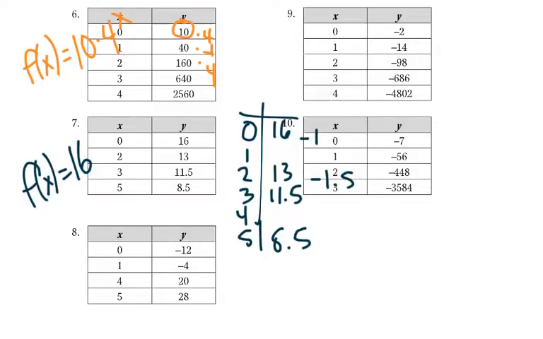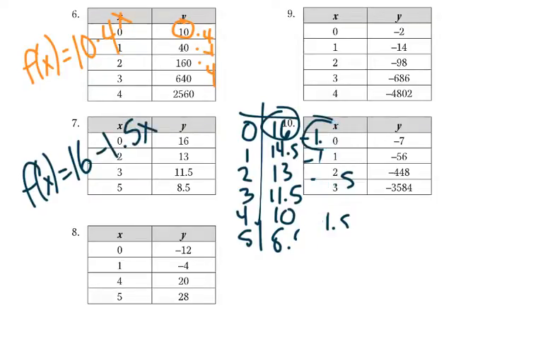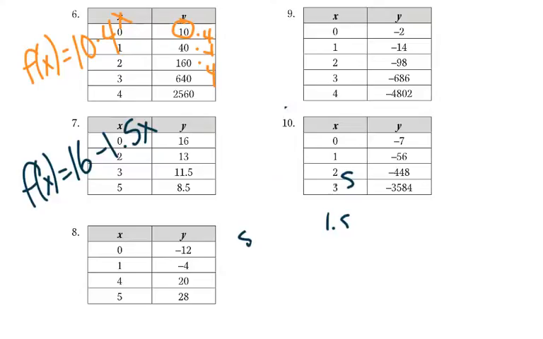If I minus 16 by 1.5, that gives me 14.5. If I minus by 1.5, that gives me 13, right? Well, 11.5 minus 1.5 gives me 10. 10 minus 1.5 gives me 8.5. So sometimes you have to fill in the pieces. So still start, now my growth, so minus 1.5 times x. So sometimes we have to do that, because it looks like a couple of these are trying to trick us that way, huh?